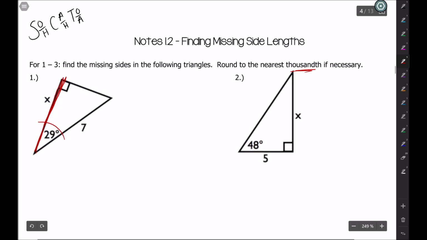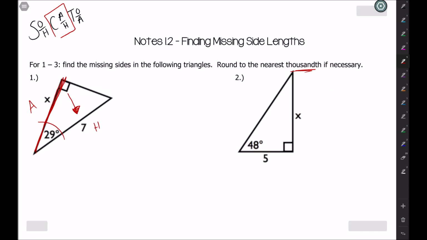It's adjacent because it's next to it. And the 7 has to be the hypotenuse because it's across from the right angle. So we need the trigonometric ratio that has the adjacent and the hypotenuse in it, which is cosine according to SOHCAHTOA.